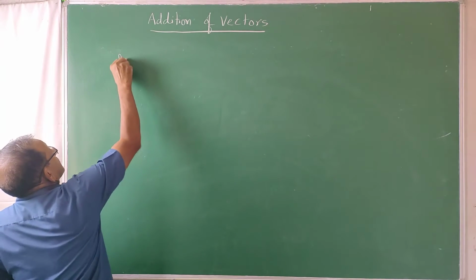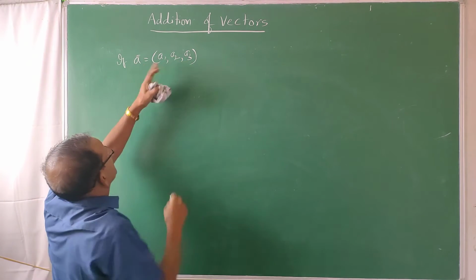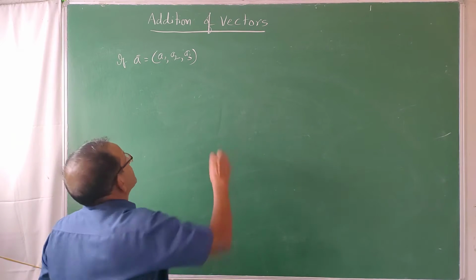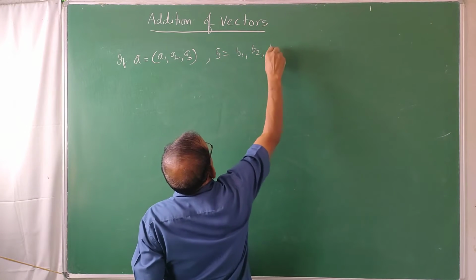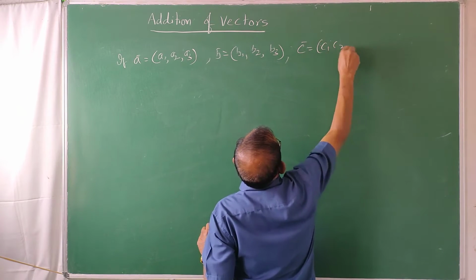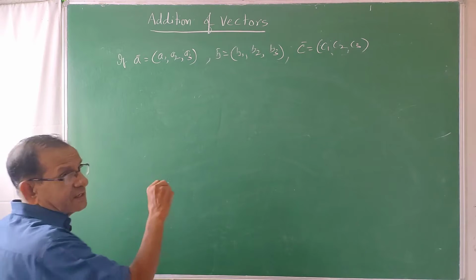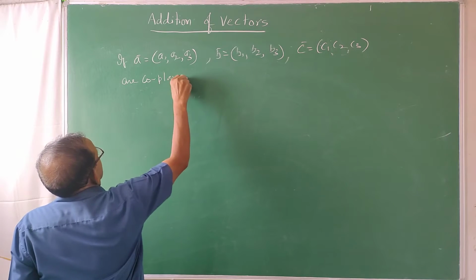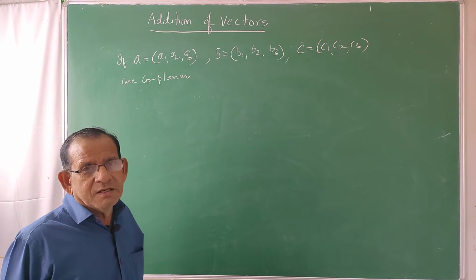Suppose a bar is equal to a1, a2, a3, these are the components of a bar, a1 I bar plus a2 J bar plus a3 K bar. And b bar is b1, b2, b3, and c bar is c1, c2, c3. Then if they are coplanar, the determinant of the coefficients, the components, must be 0.